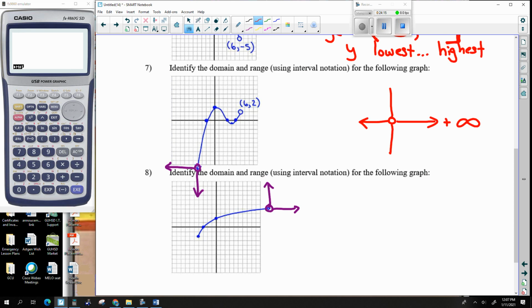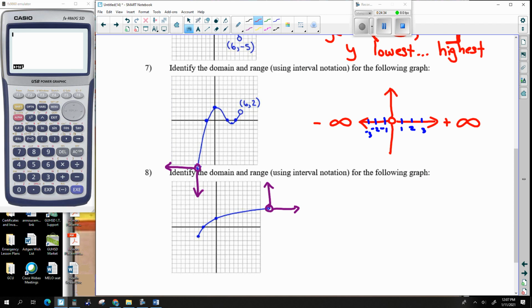If it's going to the left, that means it's going towards negative infinity. Just like an axis, where these are 1, 2, 3, this is -1, -2, -3. So you go towards a positive infinity, or you go towards a negative infinity.